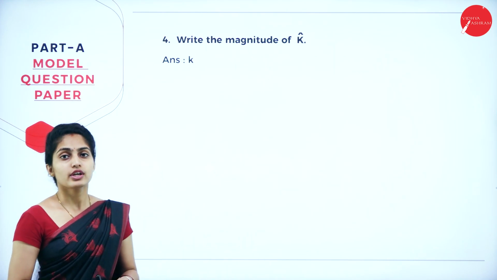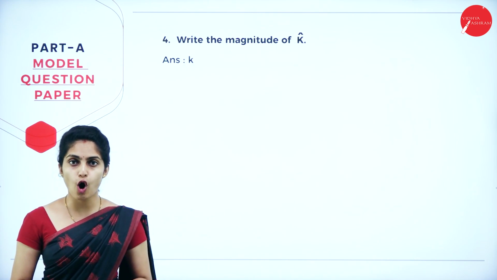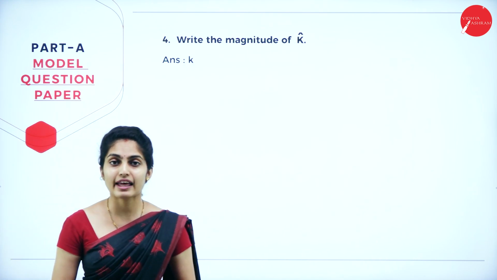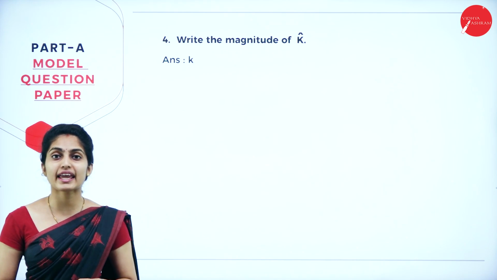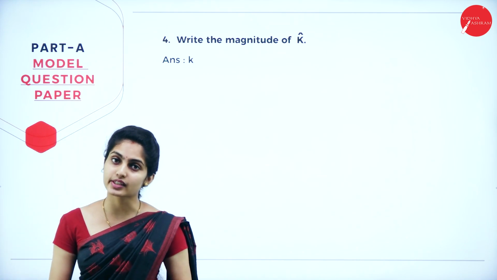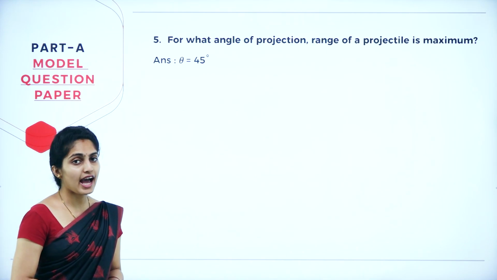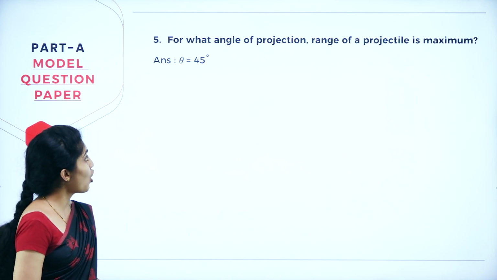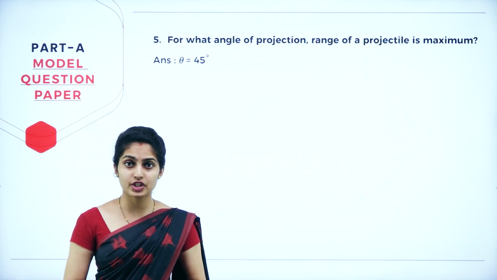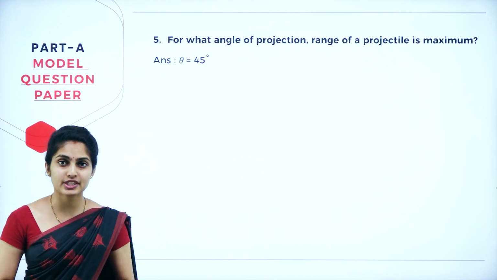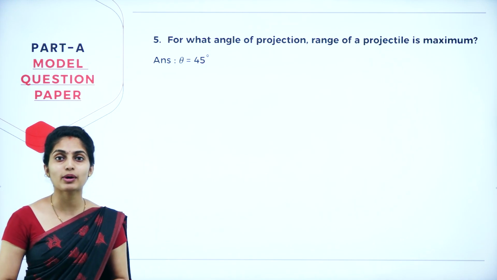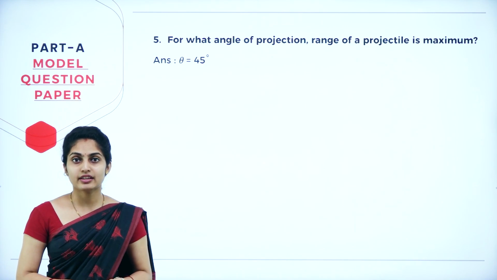Next we have: write the magnitude of k cap, and the magnitude of k cap is nothing but just k. We have the fifth question: for what angle of projection is the range of a projectile maximum? And this is from the chapter motion in a plane.